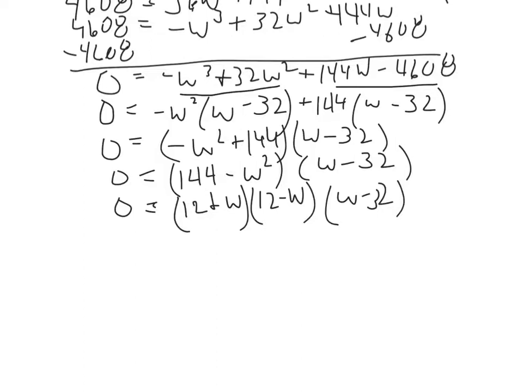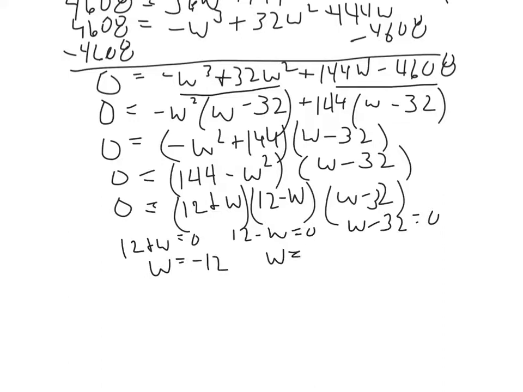With our zero product rule, we're looking at 12 plus w equaling 0, 12 minus w equaling 0, and w minus 32 equaling 0. So for the first one, w equals negative 12. For the second one, w equals 12, and w equals 32.